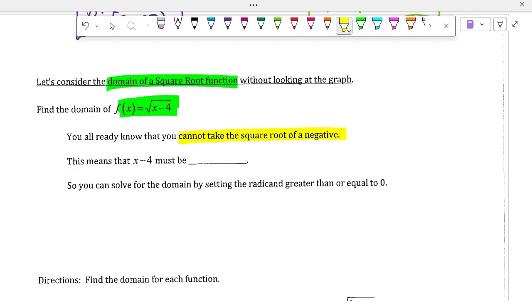All right. So that means that the lowest value x minus 4 can equal is 0. In other words, this is our lowest, not really the y value, I would say the radicand. So that can be the lowest number under the radical after we evaluate.